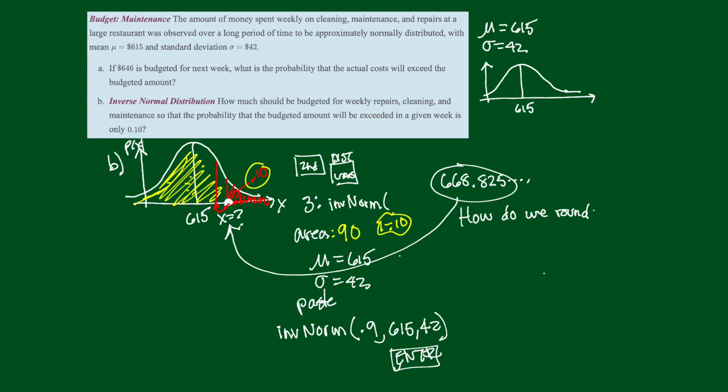So I'm going to round up to 669. That will give me less area, so maybe less than 10%. All right, so I'm going to round up. So I'm going to write this now as 669. All right, so how much should we budget? $669. We'll have a less than 10% chance of going over.